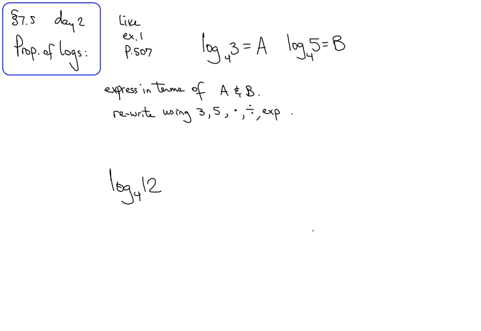Good idea, though. That would give you 12, but it wouldn't allow us to expand it. But we don't know what log base 4 of 2 is. No. No, because remember, this is 4 to some power equals 12, not 4 times what equals 12. Here's how you do it, guys.